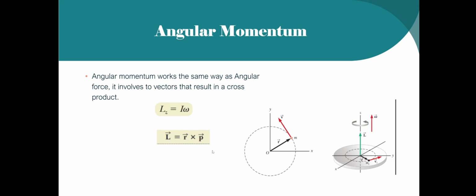Visually, what is happening? You have an object that is moving in a circle here. As it goes around and around, you'll see a velocity, and the velocity is linear, it's a straight line, and you have a radius. So normally you would find momentum by mass and velocity, and the direction of the momentum would be upward. Angular, however, has to be 90 degrees apart from each of these.